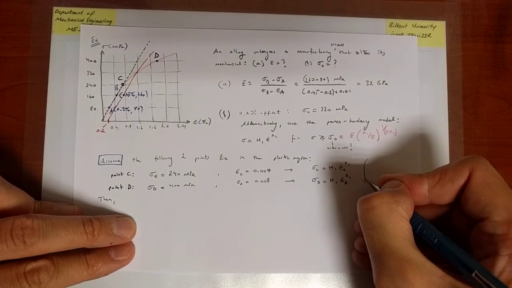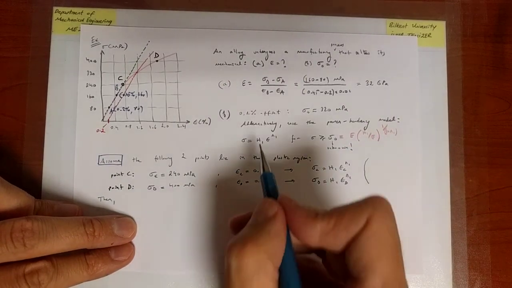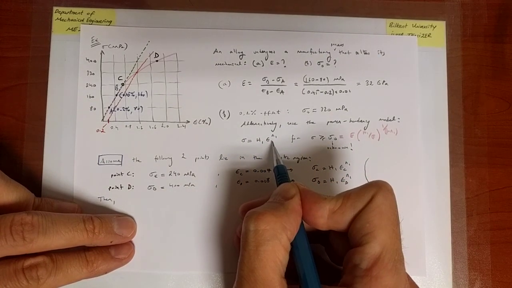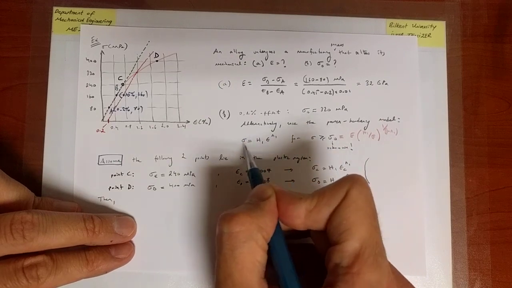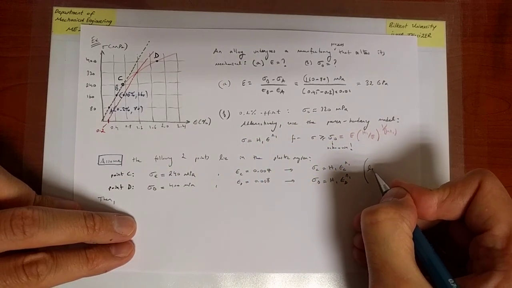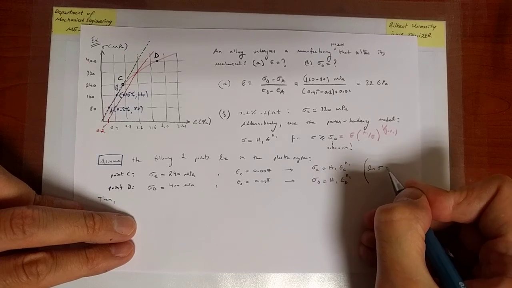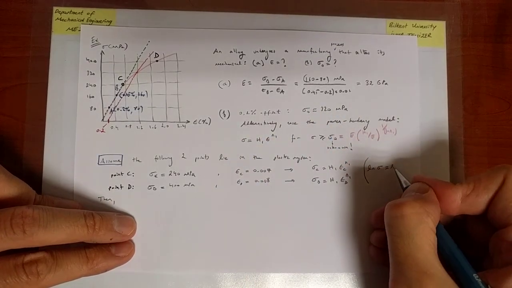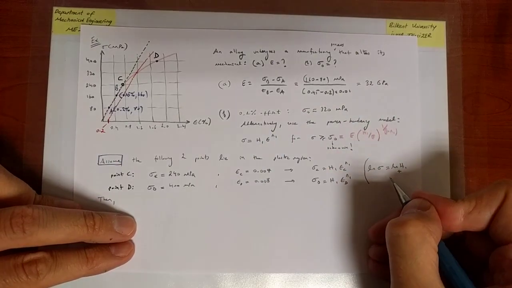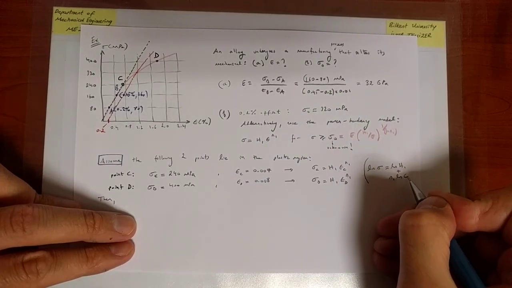Now what I can keep in mind at this stage is that this is a typical power relation. The relation is in power form in the actual coordinates, but if I take the natural logarithm of both sides, this becomes a sum, ln H1 plus the exponent as a factor times ln epsilon.